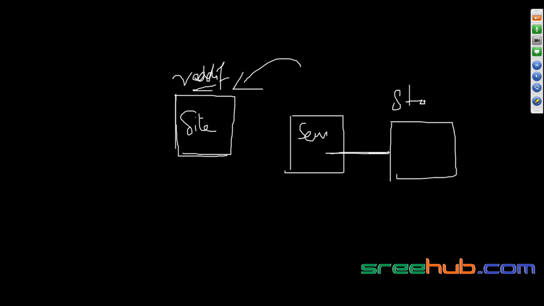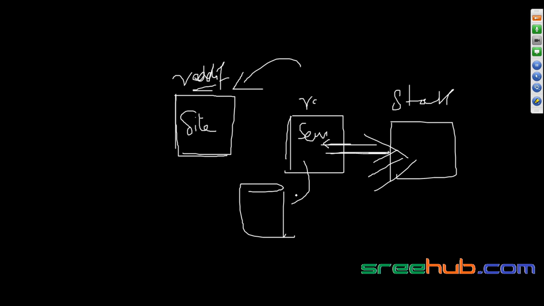This server throws data into a port, and the Rediff server reads the data and saves it in its database. Whenever you browse the site, it looks up the data and shows it to the client. So this is how it works.